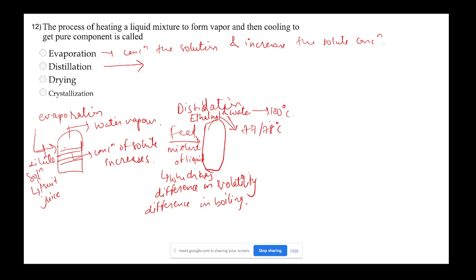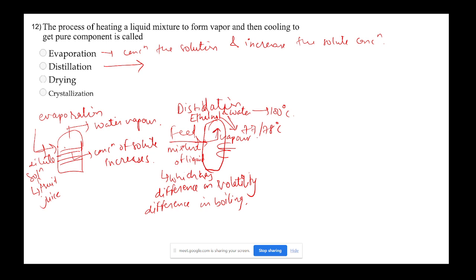Based on the difference in this boiling point, ethanol will start boiling faster, it will get converted into vapor, and that vapor will be recovered. If you supply heat, then ethanol tends to boil faster as compared to water.